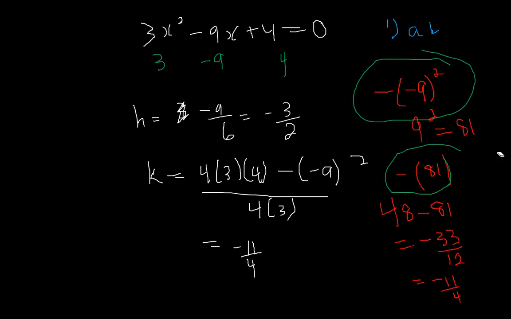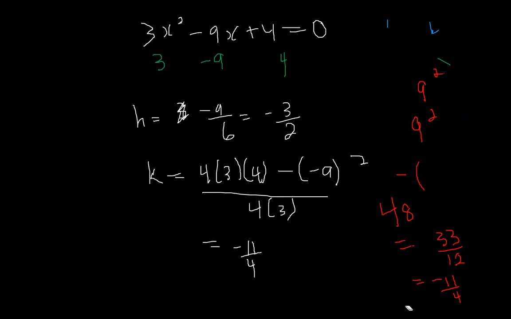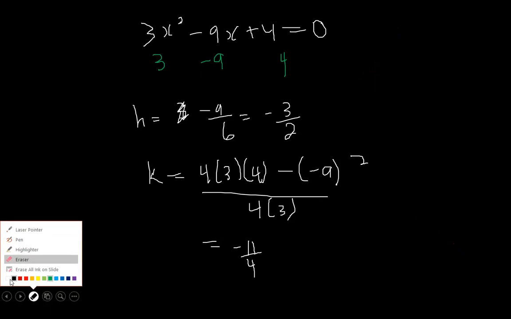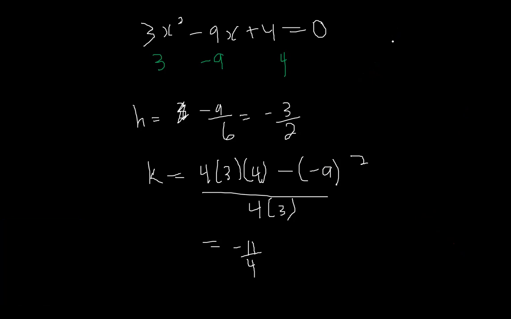Okay, continue explaining. Sorry about that. I have to clear up that face. Okay, I found H, I found K. Tell me what to do next. What's the next step?